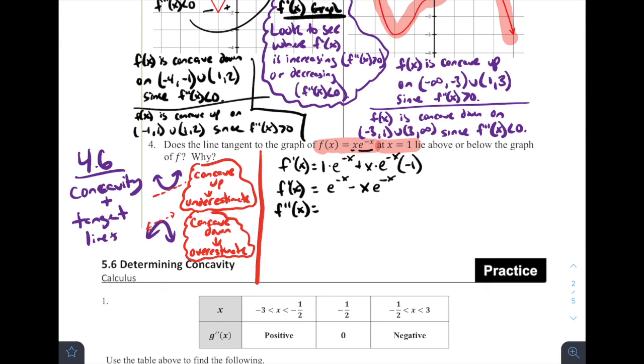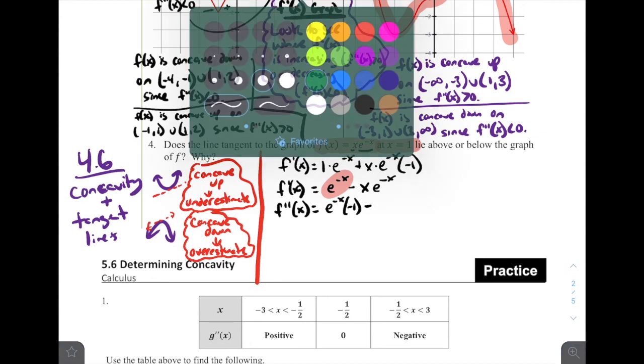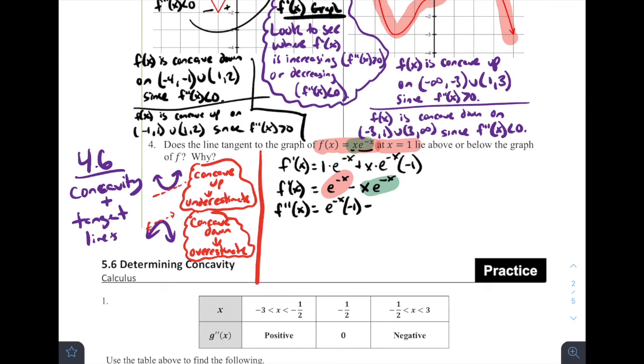The derivative of e to the negative x is just itself, so this is e to the negative x times the derivative of negative x, which is negative 1. And then we've got minus x e to the negative x, whose derivative we've already found. It's essentially what's right here. So I'll just put in parentheses e to the negative x minus x e to the negative x.